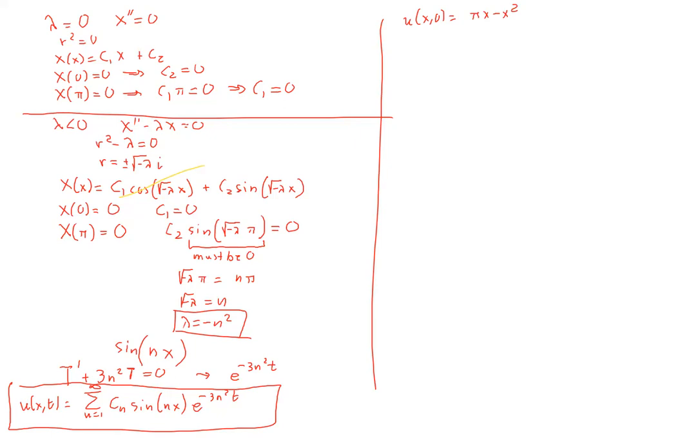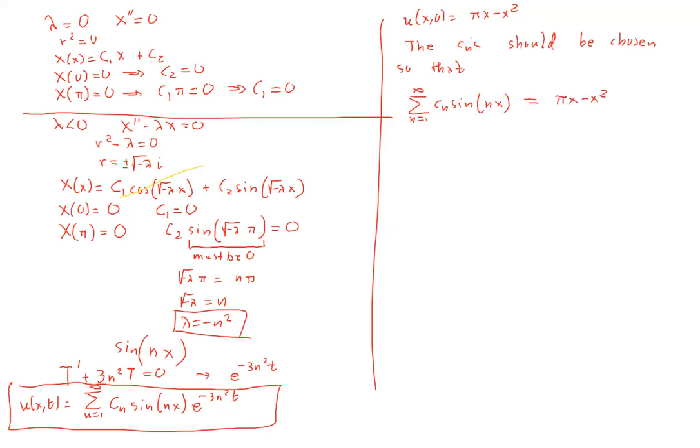And so what we have at hand here is that the Cn's should be chosen so that the sum from n equals 1 to infinity of Cn sine of nx is equal to pi x minus x squared.